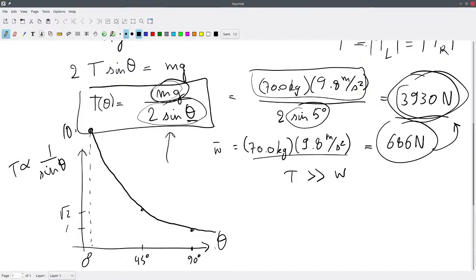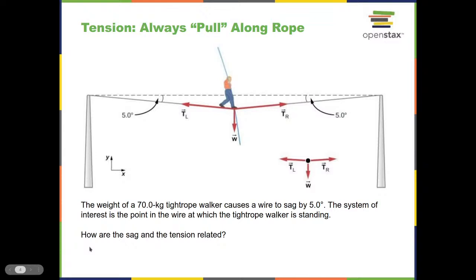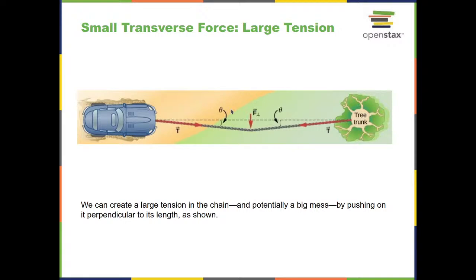And of course, we can now apply this in the opposite direction as well. So instead of calculating what the tension is based on a certain mass, we can think about this as there's a transverse force, transverse to the direction of the cable here. And that small transverse force can cause a large tension. So one example where you would be able to use that is, let's say you're stuck with your car in the mud.